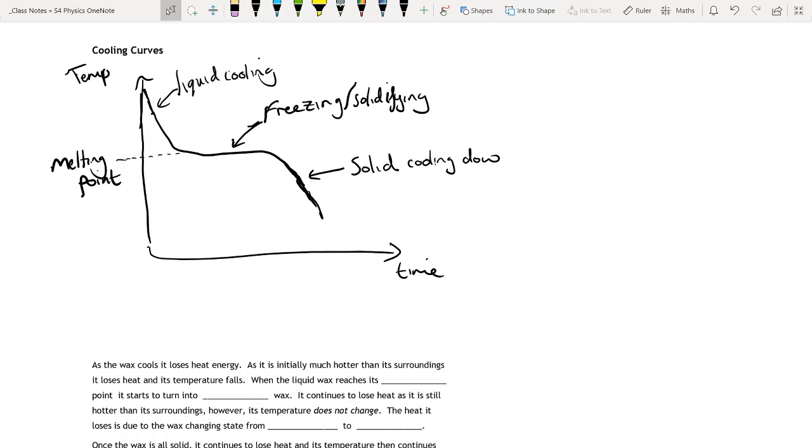When the liquid wax reaches its melting point, it starts to turn into solid wax. It continues to lose heat as it's still hotter than its surroundings.